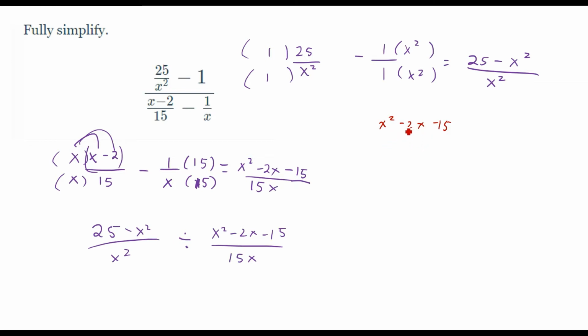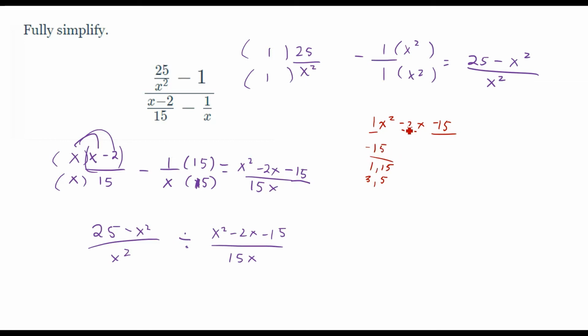Alright, so we have a 1 in the front, meaning that I only look at the back number, negative 15. I'm going to ignore the negative and just look at the factors for now. That's 3 and 5. We want them to add up to a negative 2, but remember, we need a negative 15 product.